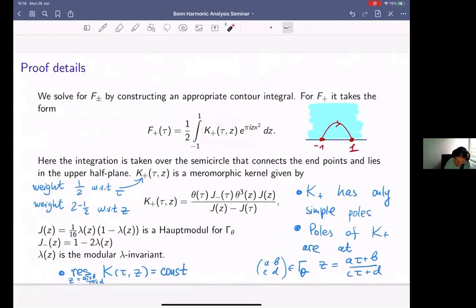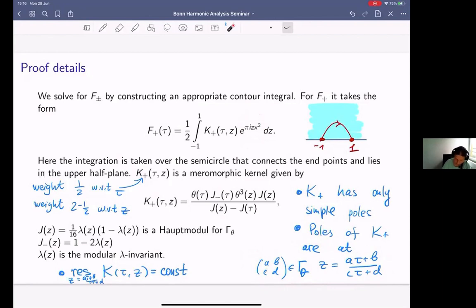Because the kernel K has poles at the points where z is gamma theta equivalent to tau, as we are integrating our kernel over this contour and going through the singularities, we will have certain jumps during the translates of our contour.